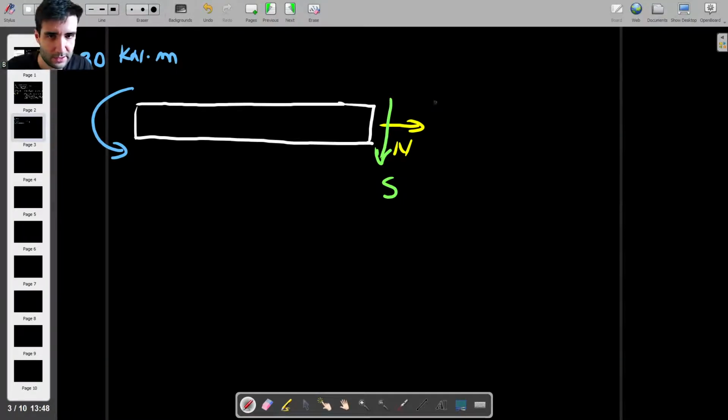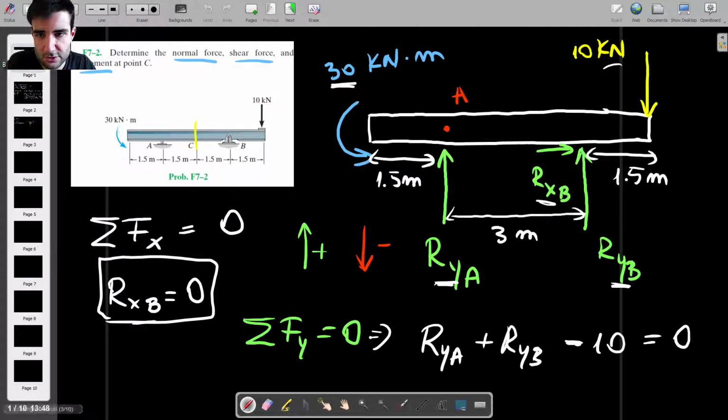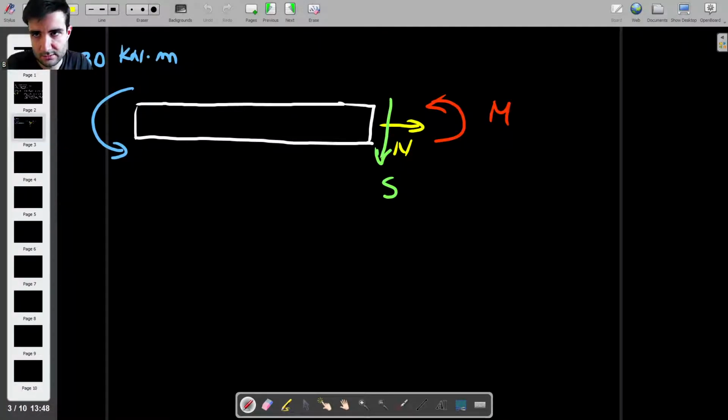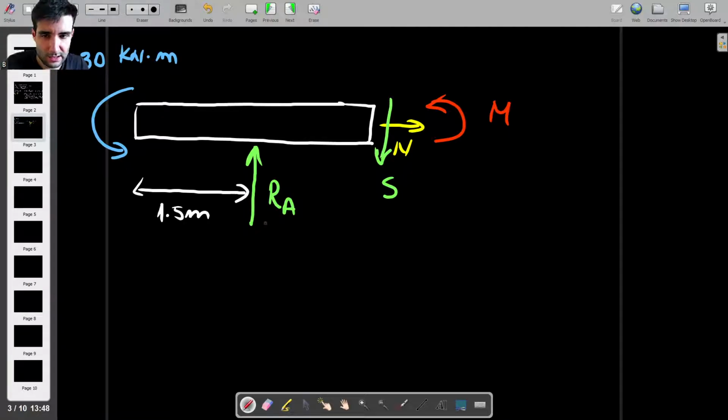And then we also have a bending moment here, M, and there's also the reaction force at A, which is like this. Okay, so this is RA, which is in the middle of this 3-meter section of the beam. So this distance is 1.5 meters, and this distance is also 1.5 meters.